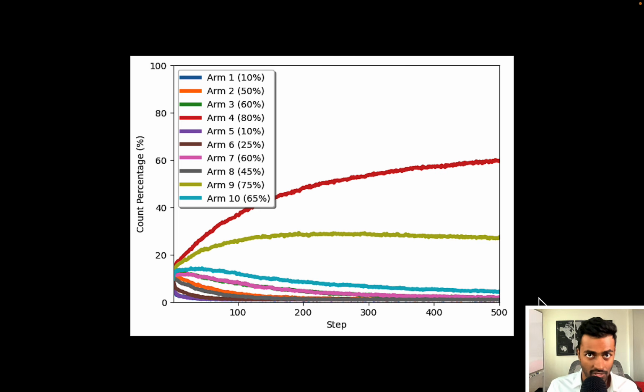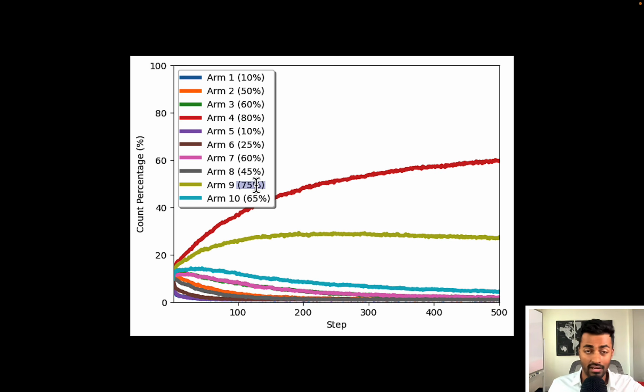And in a similar situation, we can also plot what were the slot machines that we actually chose at every time step. You can see in the beginning, we were very random in choosing our slot machines. But as we got more and more knowledge, even early on, you could see that we are definitely choosing this red line and then this gold line. So red line is arm 4 and the gold line is arm 9, both of which make sense because they truly had the higher probabilities of success.